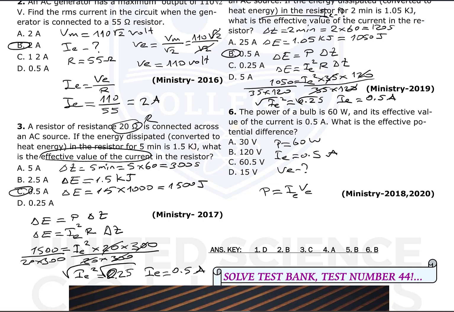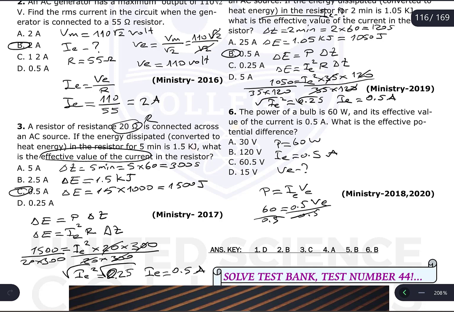That's why we can multiply I effective and V effective to get the power. 60 watt is the power. Effective electric current is 0.5. So the effective potential difference is the question. Divide both sides by 0.5. So the result is going to be 120 volt. So the effective potential difference is 120 volt.